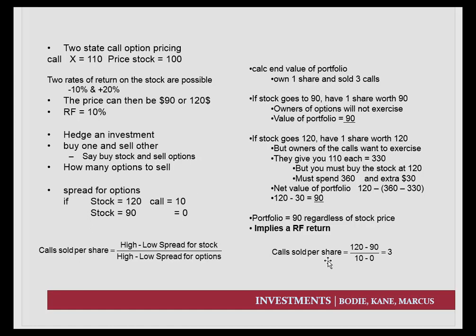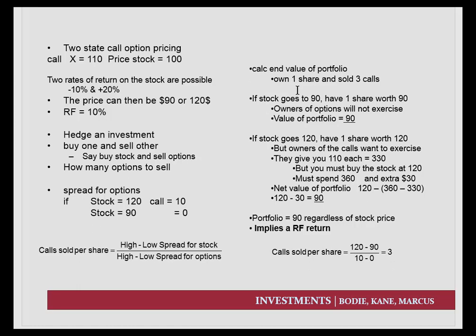So what this tells us is we need to sell 3 options for every 1 share that we buy. So if we buy 100 shares, we're going to have to sell 300 options.